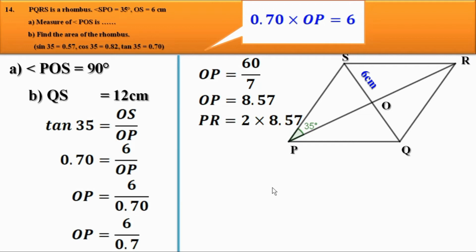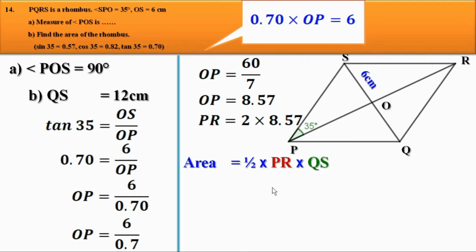Now let us find the area. Area of the rhombus equal to half D1, D2, where D1 and D2 are the diagonals. Here the diagonals are PR and QS. So we can write area equal to half into PR into QS. Now let us replace the values. Half into PR is 2 into 8.57.